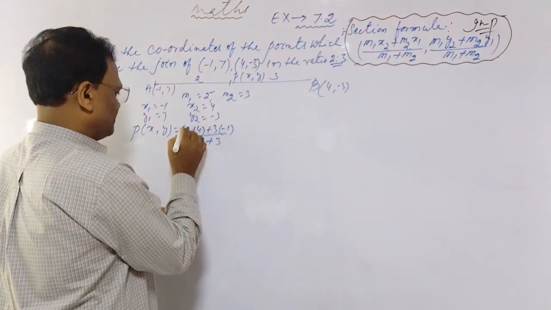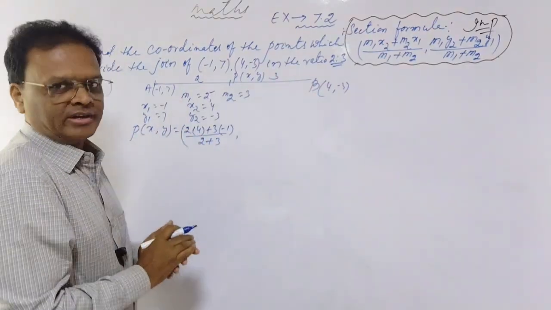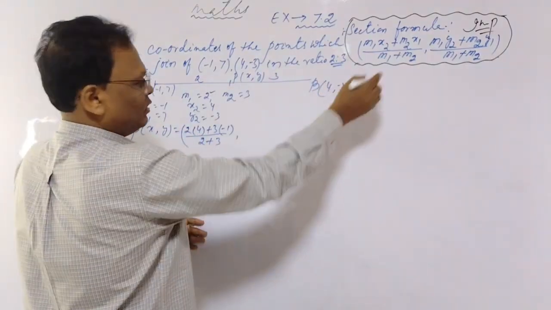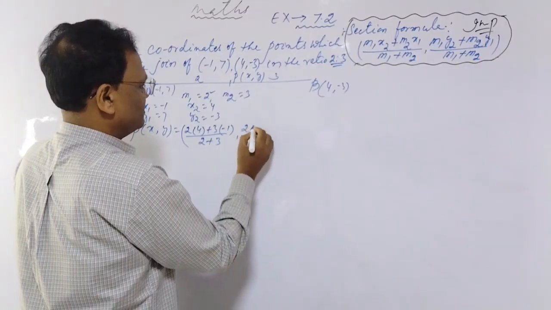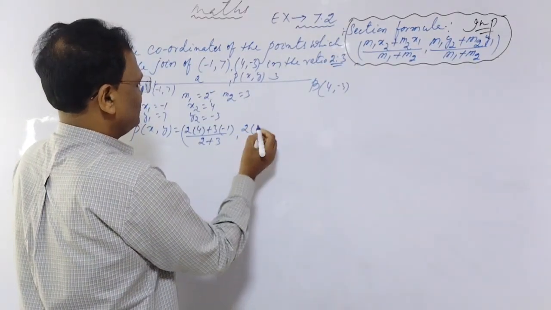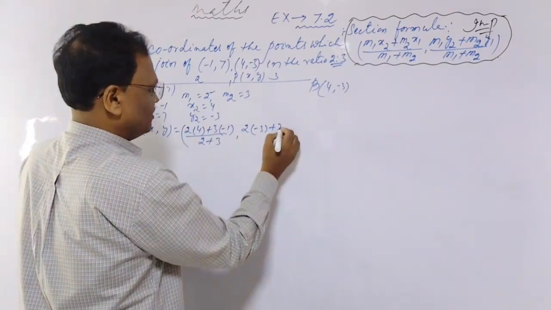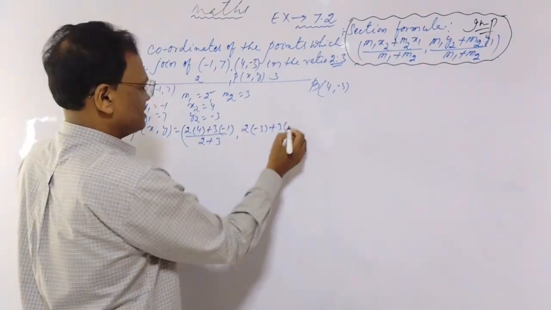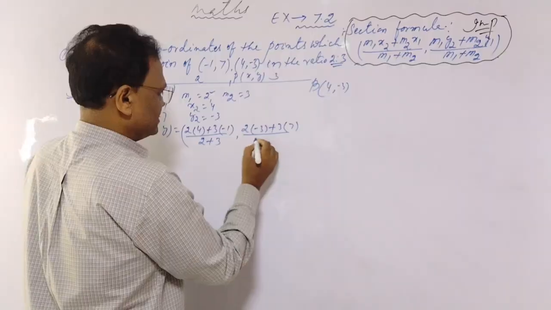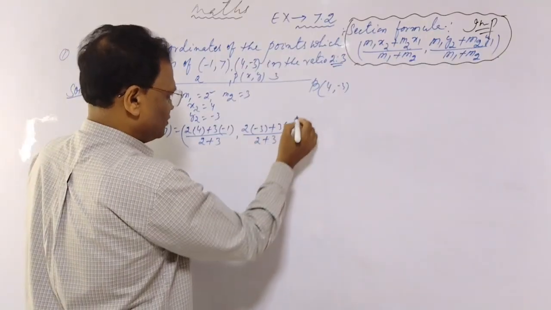So this becomes my X coordinate. Y coordinate: M1 Y2. M1 is 2, Y2. What is your Y2? Y2 is minus 3. Again M2 is 3, M2 Y1 is 7, divided by the same thing, M1 plus M2.